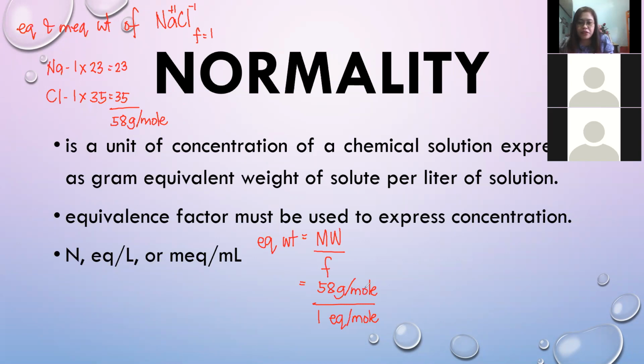So when we divide, mole cancels, so this is 58 divided by 1, so automatically the equivalent weight is 58, and take note of the unit, grams per equivalent. Okay? Grams per equivalent. That is the answer for the equivalent weight. Now, how about the milli-equivalent weight? Sodium chloride still.